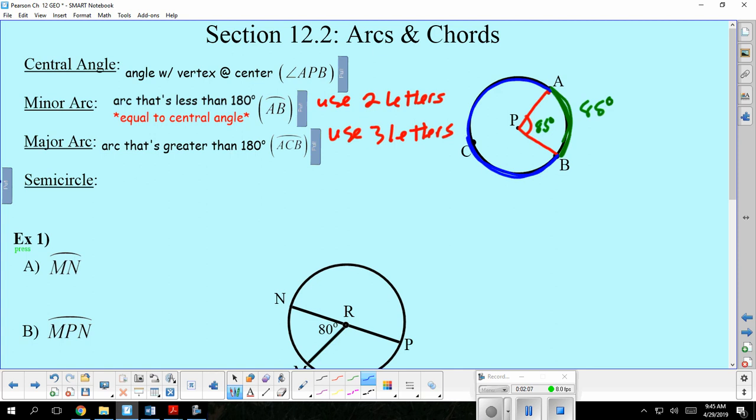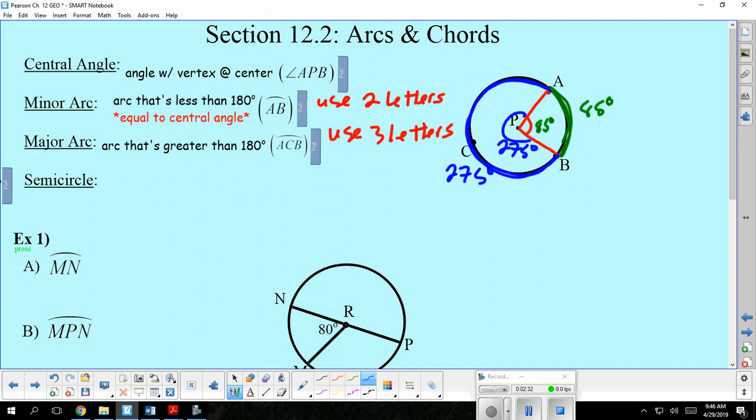The arc measure is still tied to that central angle. So if that was 85, 360 minus 85 is going to be the measure of ACB. So this would be 275.